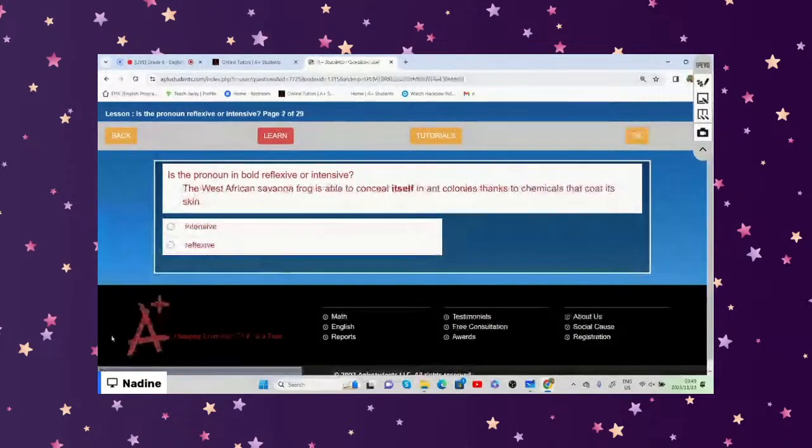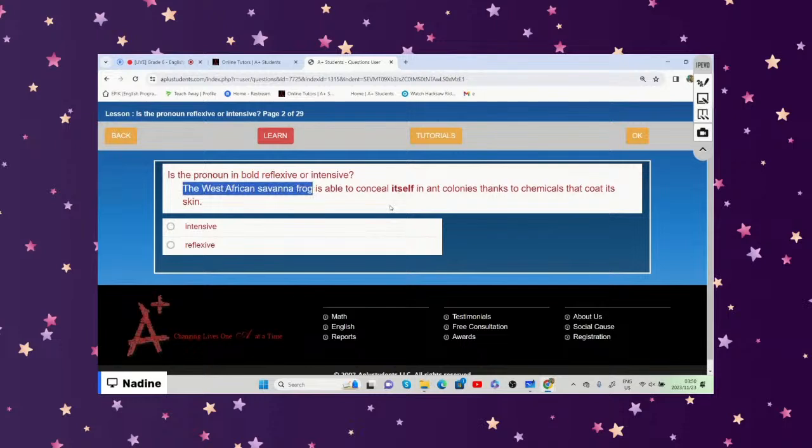Let's do one more. The West African savanna frog is able to conceal itself in ant colonies thanks to chemicals that coat its skin. So is this an intensive pronoun or do you think this is a reflexive pronoun? It's referring to the West African savanna frog, which is able to conceal itself in ant colonies.